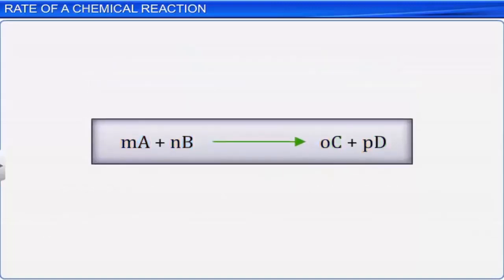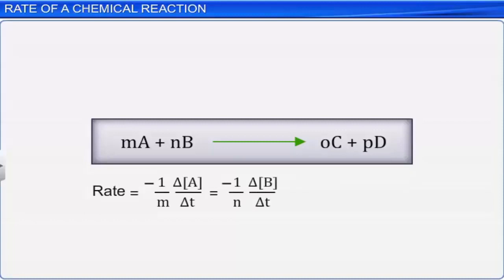The rate of chemical reaction in this case is given as minus 1 by m into delta A by delta T equals minus 1 by n into delta B by delta T equals 1 by O into delta C by delta T equals 1 by P into delta D by delta T.